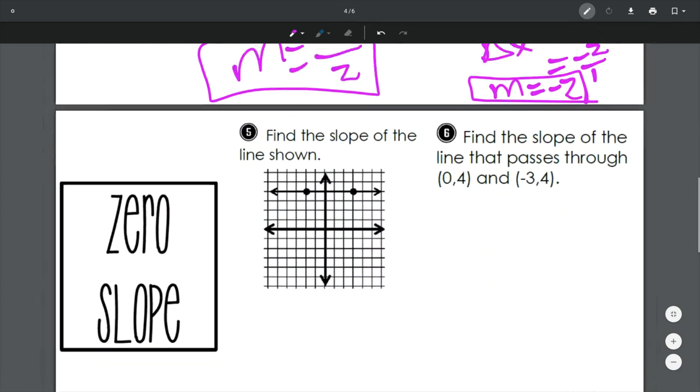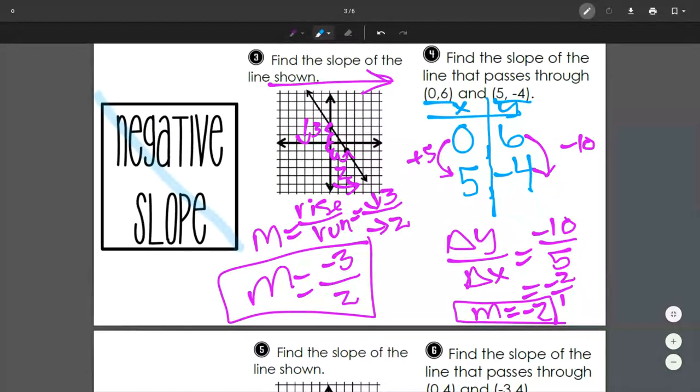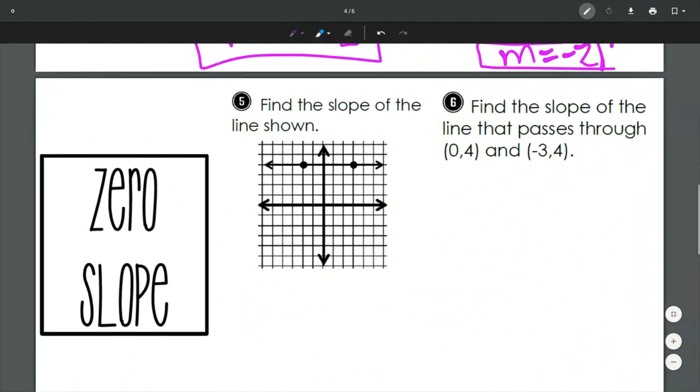Let's go ahead and move on to 0 slope. And oops, wait, before we do, I'm sorry, I forgot my highlight. For 0 slope, remember you're putting your hands together in a horizontal line, and that's a little bit diagonal, I'm sorry. So that way you have a 0 slope.